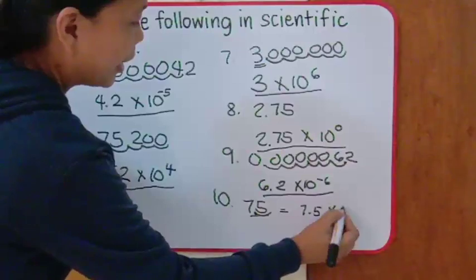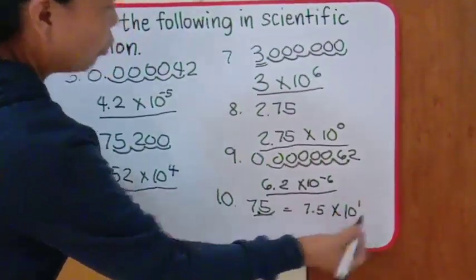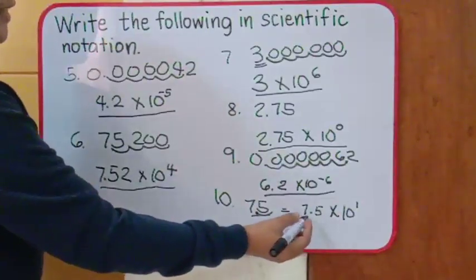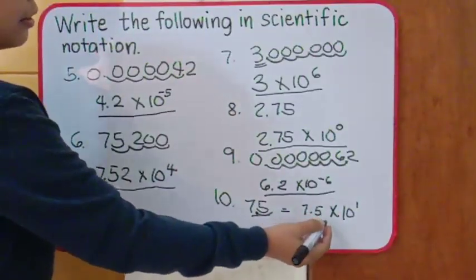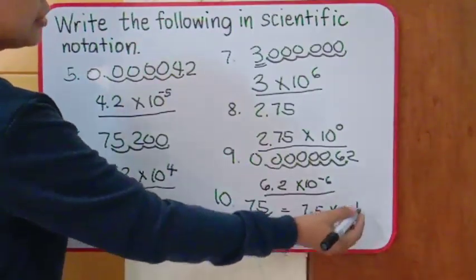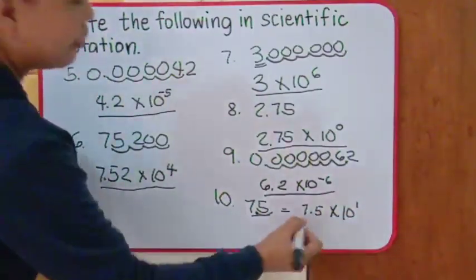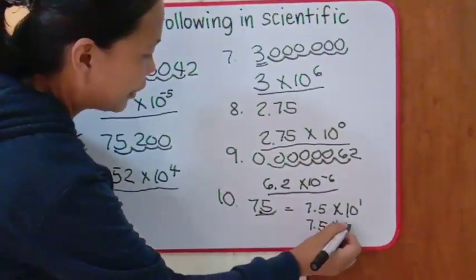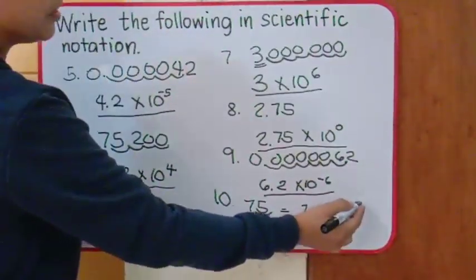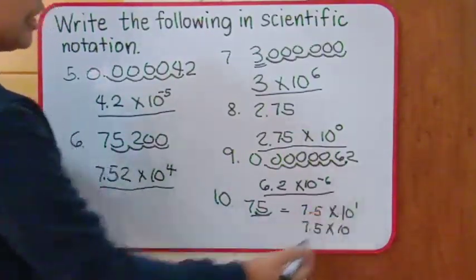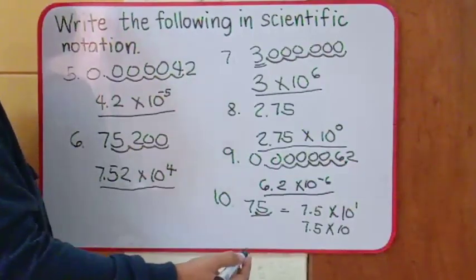So times 10 raised to 1. So we have here 75 in scientific notation, 7 and 5 tenths times 10 raised to 1. Or we can write it as 7.5 times 10, because 10 raised to 1 is the same as 10. So no need to write 1 as an exponent.